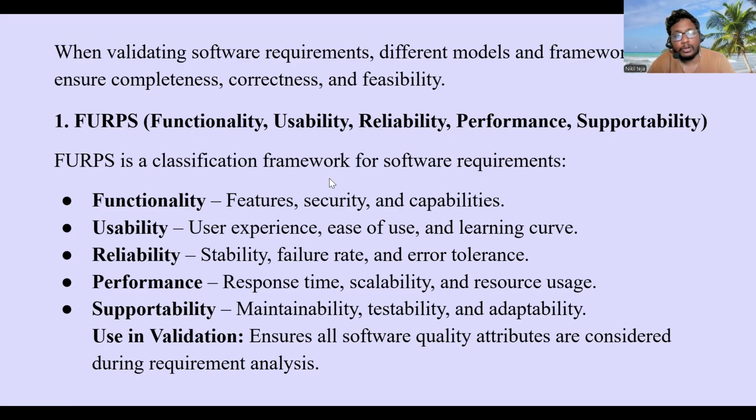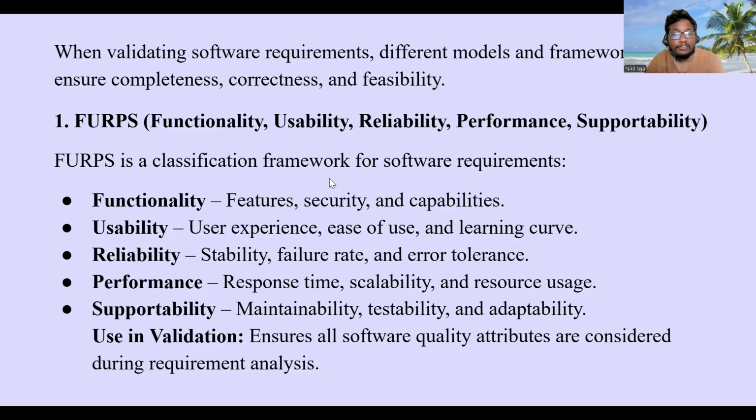The first one is FURPS. F stands for functionality, U for usability, R for reliability, P for performance, and S for supportability. These are functional plus non-functional requirements. Our software or product should contain all the functional and non-functional requirements, and FURPS helps in validating them.